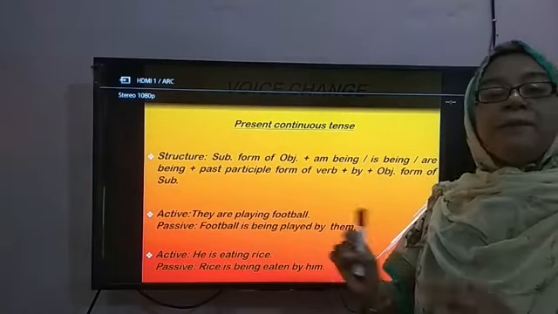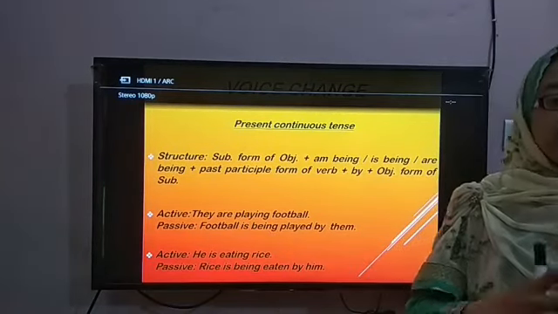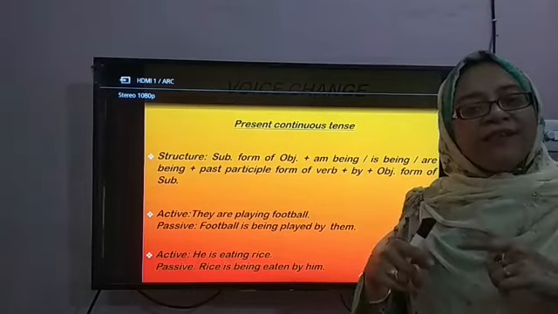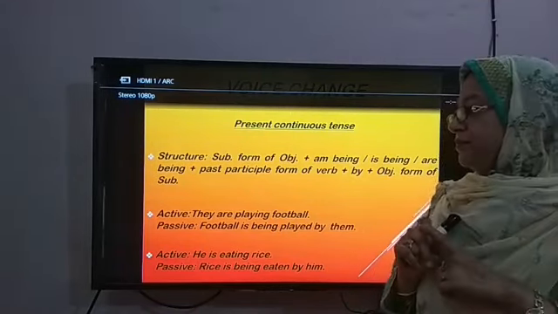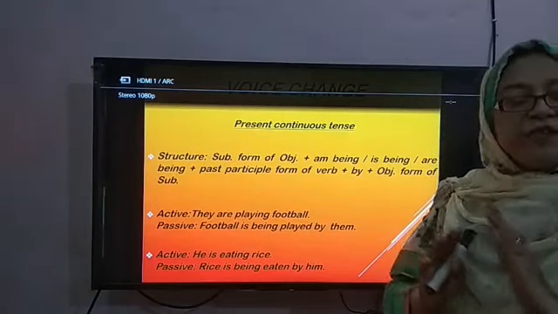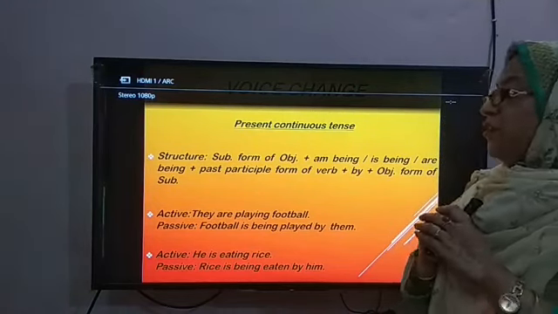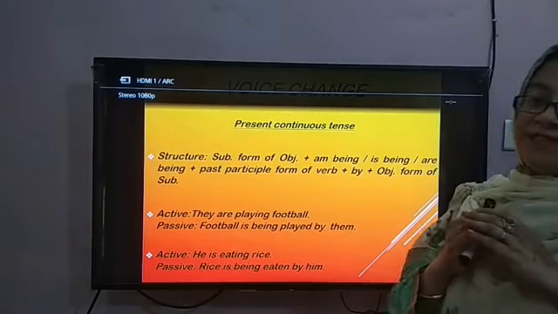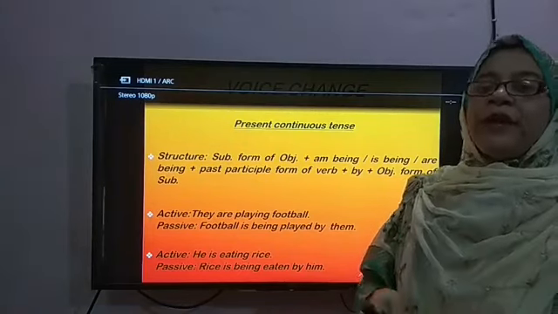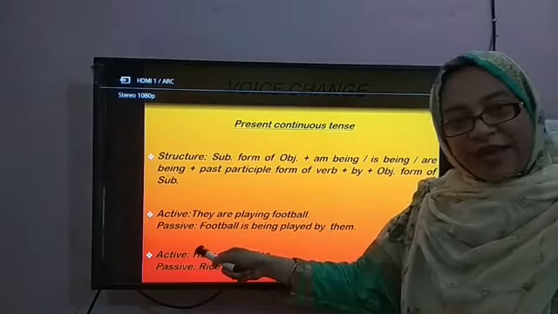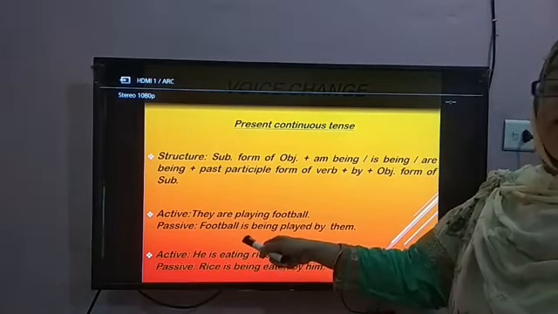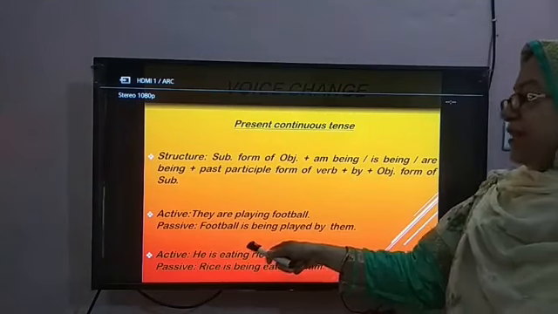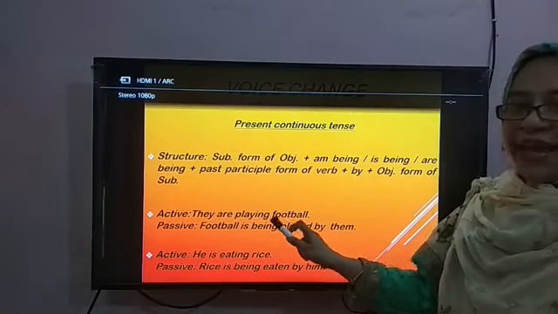So, dear student, look at here. They are playing football. This is the continuous tense, present continuous. If we turn into passive, what will you do? Football becomes subject. Though it is singular, I use is. And being for the playing.